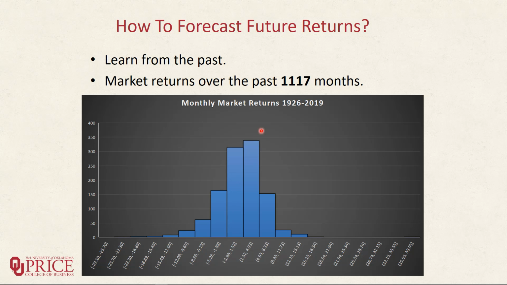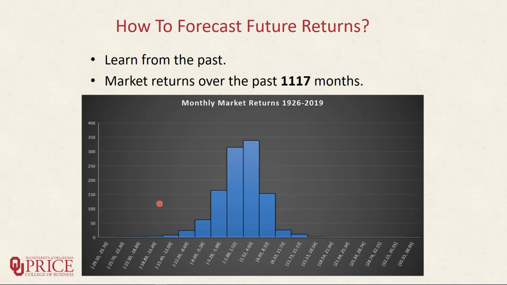Over this many months, we have about, let's say, 320 months that fell into this range, and so forth. So remember, these are historical return counts. You can see that most likely the historical stock market return fell into these ranges. As you move away from these ranges, it becomes less and less likely. We have fewer and fewer observations historically.